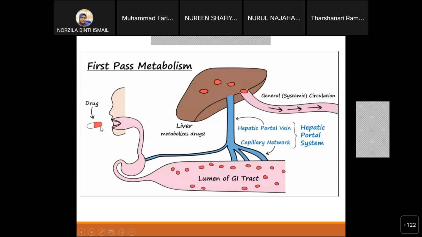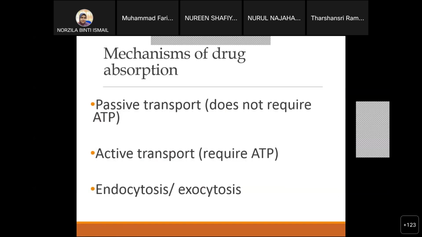For example, we swallow 100 milligram of the drug, it enters the GI tract and then goes to the liver, and the unchanged drug will not be 100 milligram anymore. Maybe it will be only 80 or 70 milligram that goes to the bloodstream. This is called first pass metabolism.